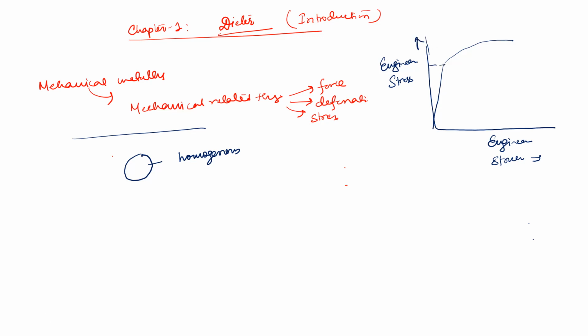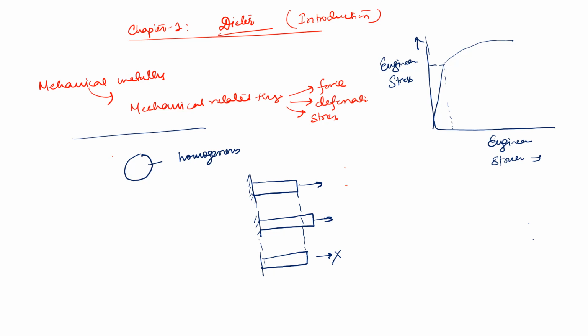Up to this limit we consider that the material is elastic. That means if we stretch this material, suppose it is fixed in a wall and we are stretching it, after stretching it has elongated, but once we cut this stress, it returns back to its original dimension.